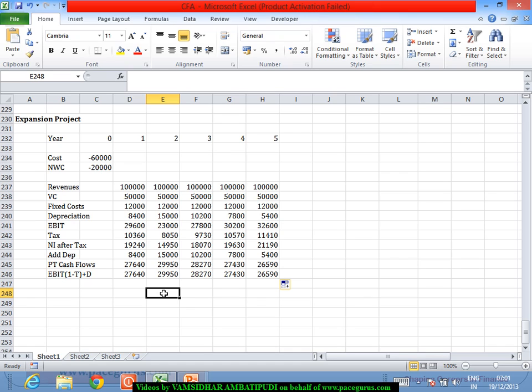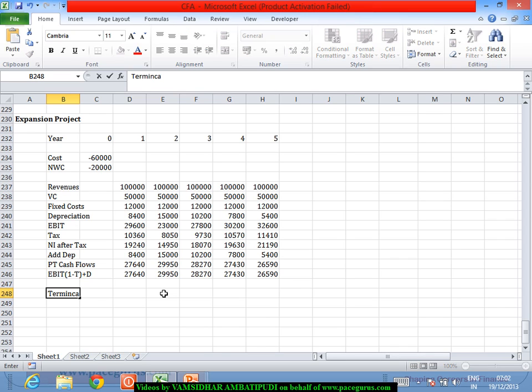And now we are looking at the third aspect, which is the terminal cash flows, in case the business is wound up.